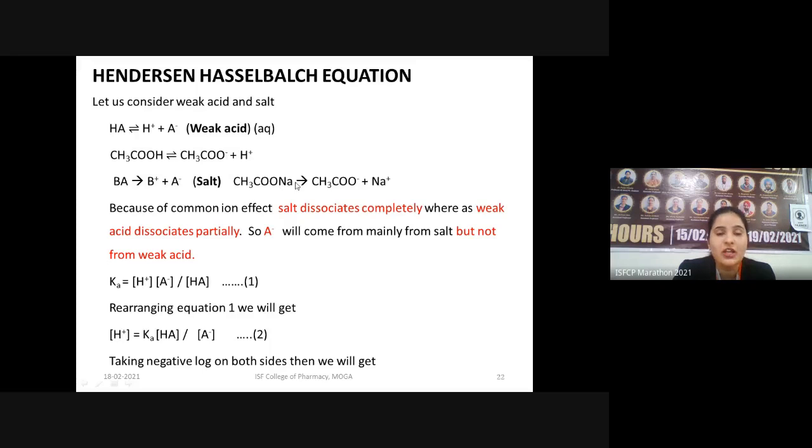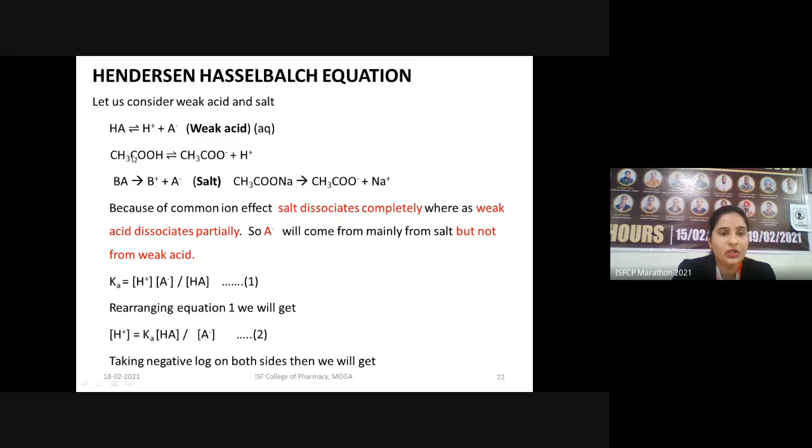Sodium acetate when dissolved in water will release the acetate ion, that is CH3COO negative, and the sodium ion, that is Na positive. Now we can see that we have taken acetic acid and we are taking sodium acetate. Both dissociate when dissolved in aqueous medium.